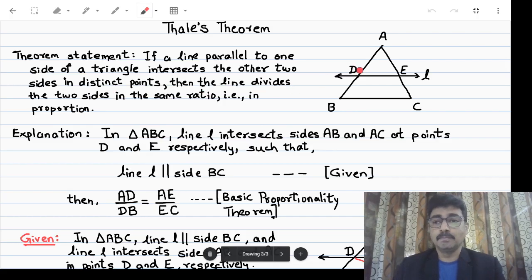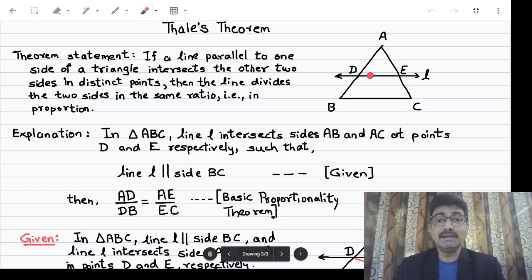What is the same ratio? See, line L is dividing AB in two parts, which are AD and DB. Similarly, line L is dividing AC in two parts, which are AE and EC.